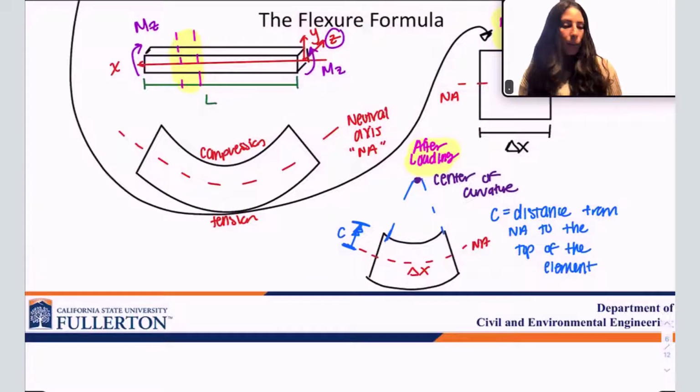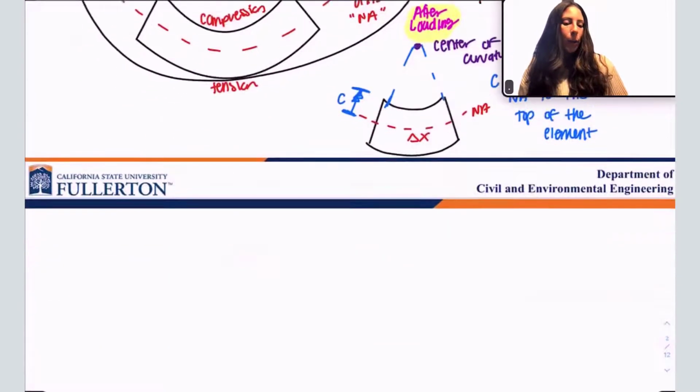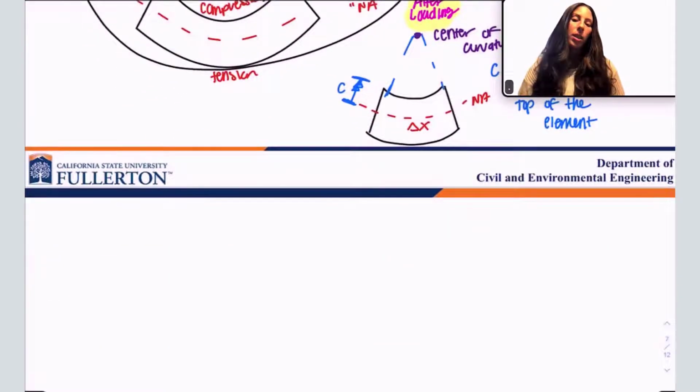Now we have the center of curvature, and this value C, the distance from the neutral axis to the topmost fiber, which is in compression if we're bending in this direction. Now I want to skip a few steps because I want this to be more of a refresher video. I don't want to go into a detailed derivation here. But what we can do is calculate the normal strain.